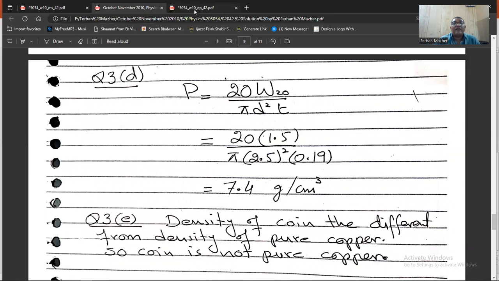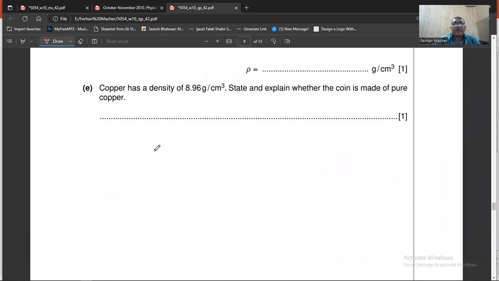This is my answer. Okay, question number 3E part, he says copper has a density of 8.96 grams per centimeter cube. State and explain whether the coin is made of pure copper. The coin's density is 7.4 grams per centimeter cube, whereas the pure copper density is 8.96 grams per centimeter cube. That shows that the coin is not made of pure copper. There is something mixed with it because the density is not the same.